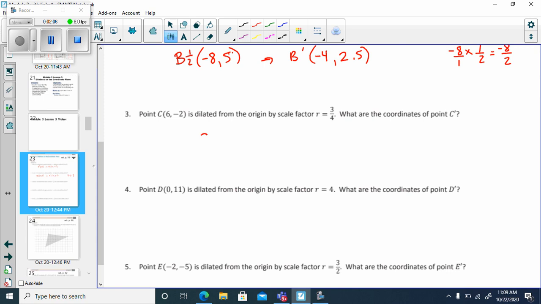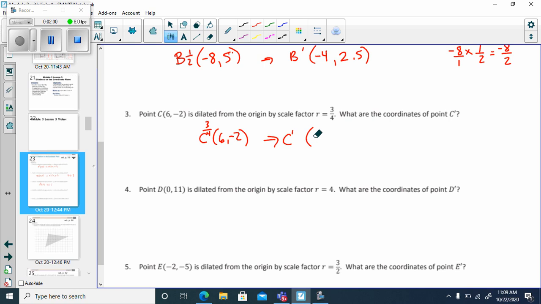Point C, which is at (6, -2). This we want to dilate by 3/4. I would do that in my calculator, okay? And I would multiply 6 by 3/4. In other words, I would say 6 times 3 divided by 4, which would give you 4.5.